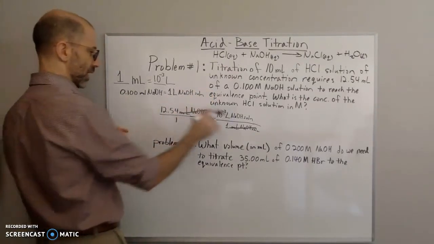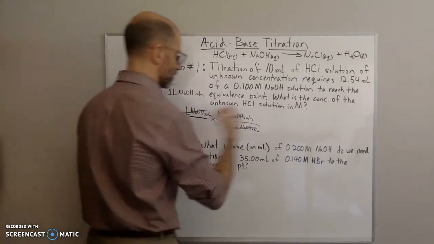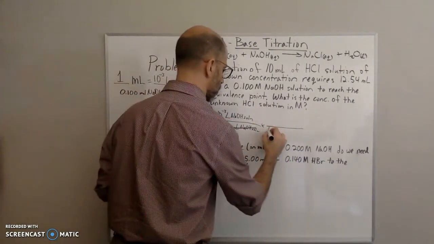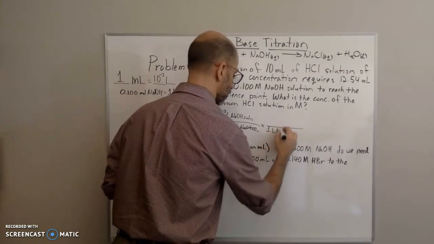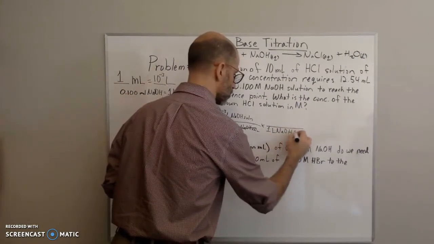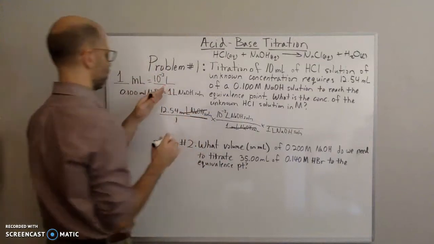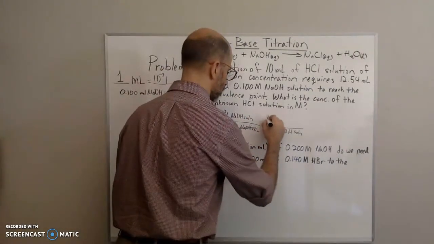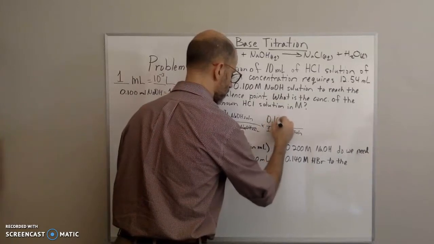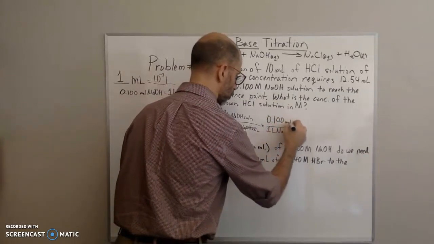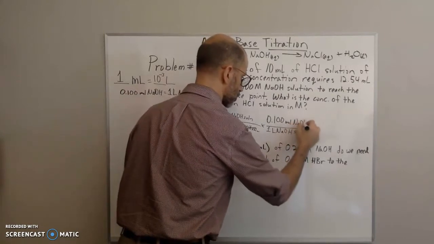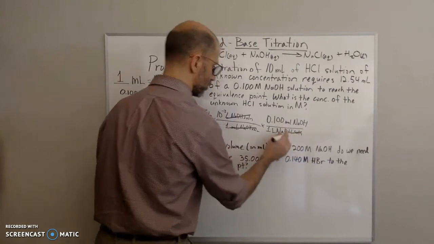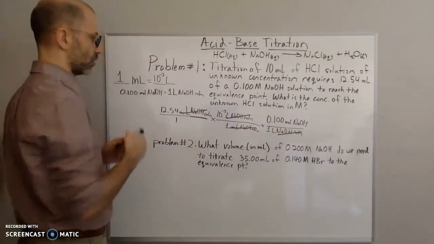Since I have liters of NaOH solution on the top, then I'm going to put liters on the bottom. So 1 liter of NaOH solution goes on the bottom, and I'm going to put 0.100 moles of NaOH on the top. So now the liters of NaOH solution cancel out. Now I have moles of NaOH.